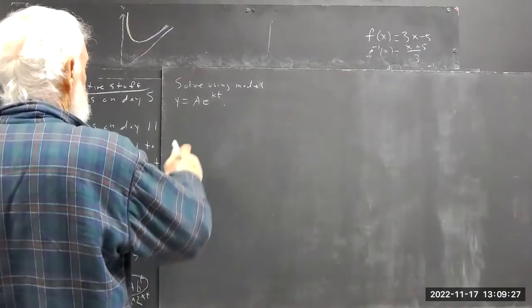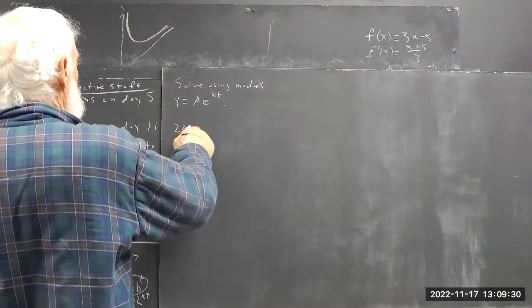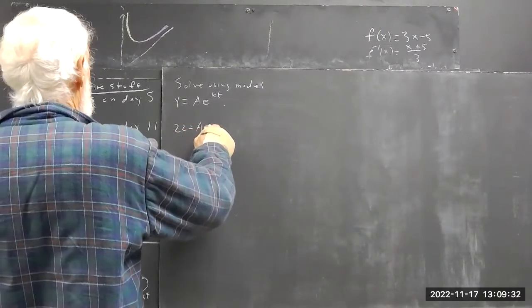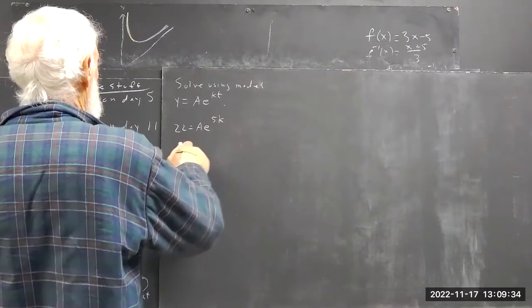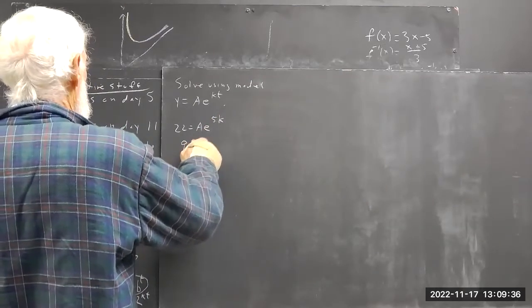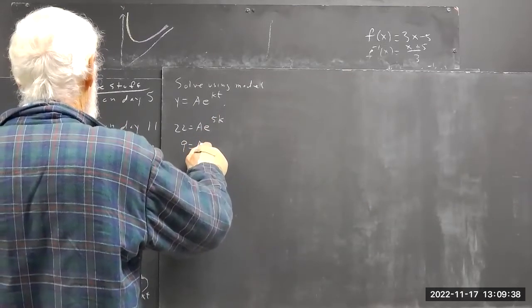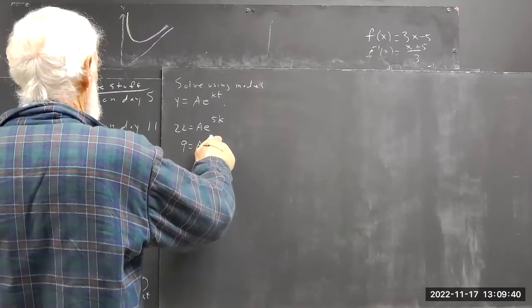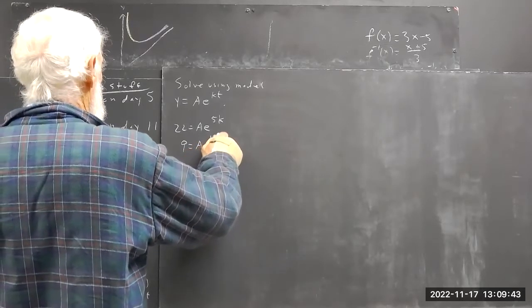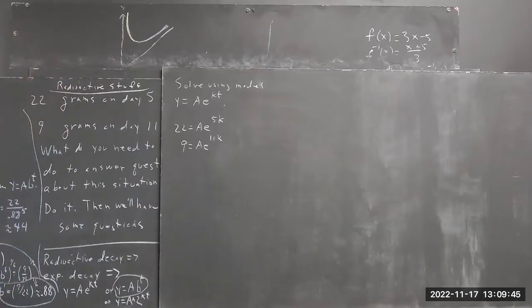Well, you get the equations. 22 equals a e to the 5k, right?